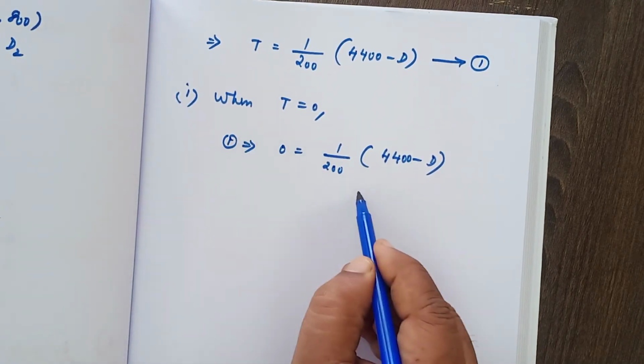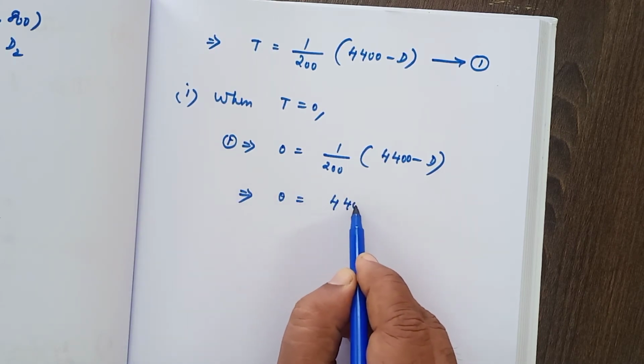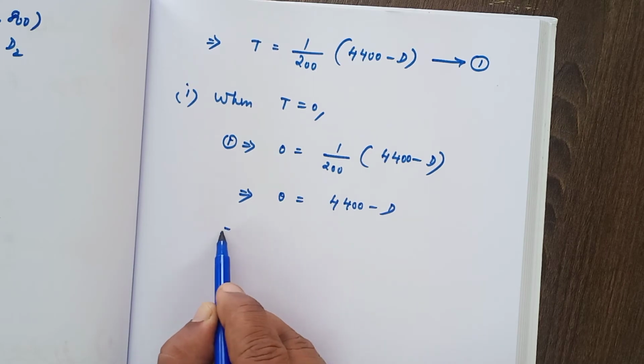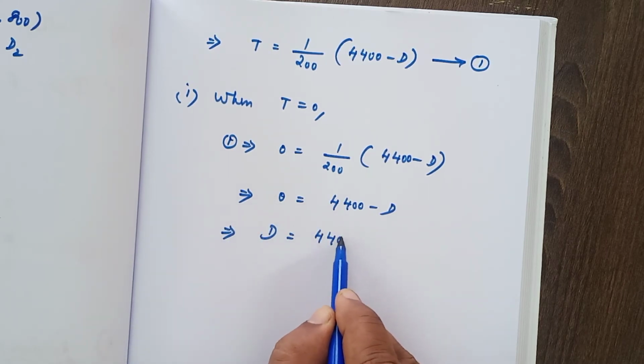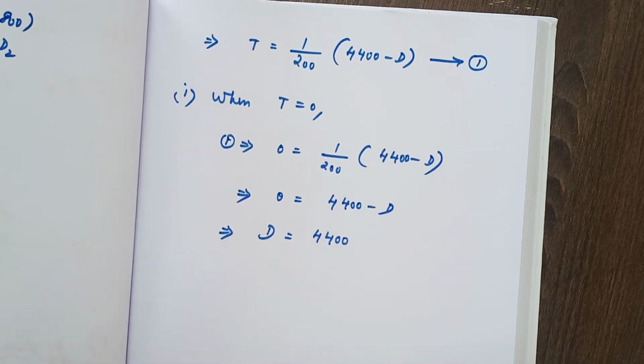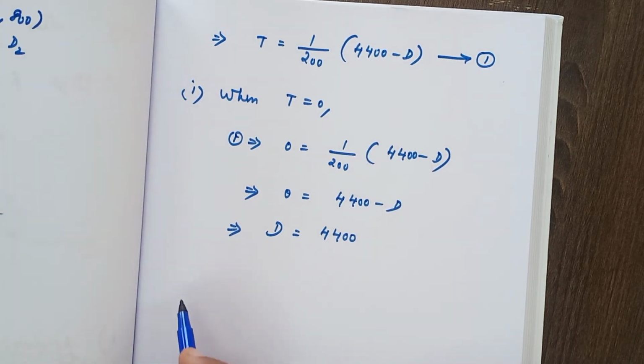Cross multiply: 200 into 0 is 0, that is equal to 4400 minus d, which implies minus d comes to the left-hand side as plus d, that is equal to 4400. So the distance between the starting point and the target is 4400 meters.